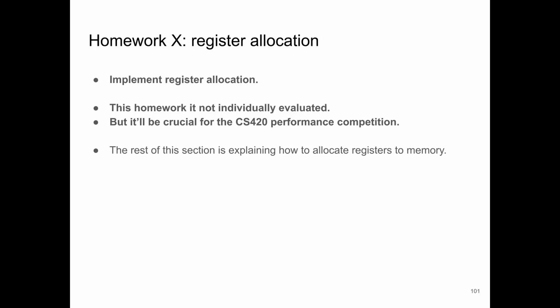This optimization is not individually evaluated, so I will not ask you to submit the register allocator code on its own, because it will be the crucial part of the performance competition. You probably want to implement this to do well in the performance competition.